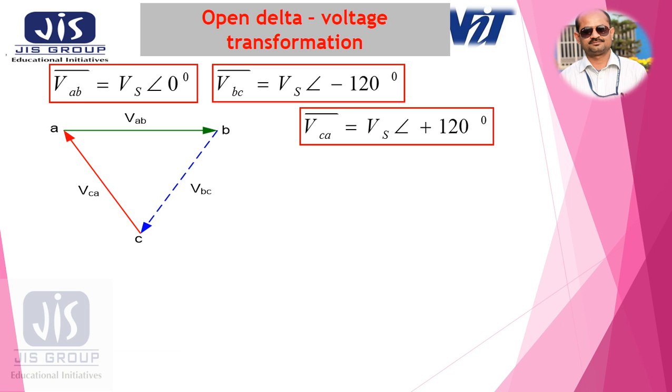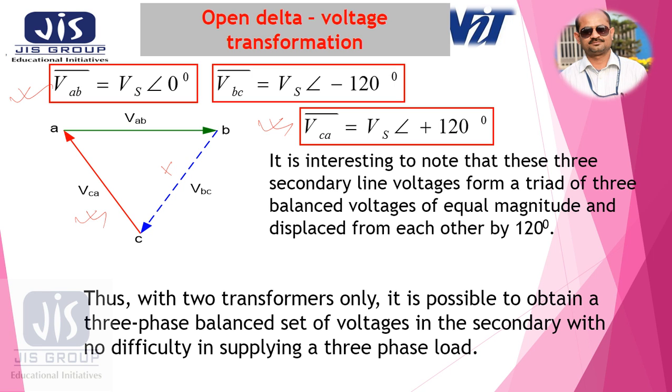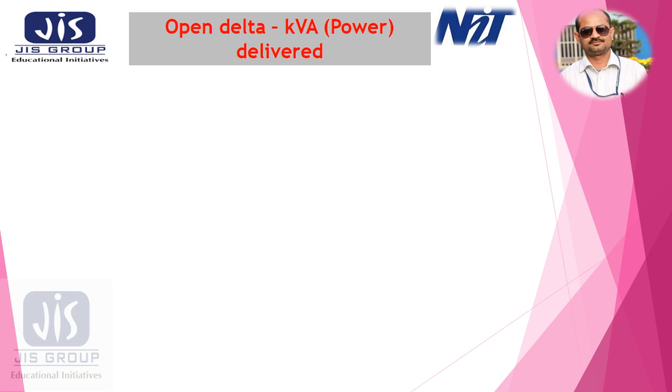So one transformer is absent, but it is still supplying a balanced three-phase supply. So there is no difficulty in supplying a three-phase load, and this is the phasor diagram of the secondary side.